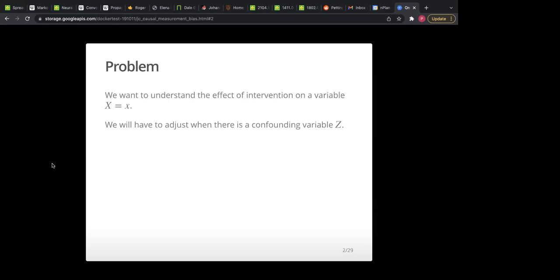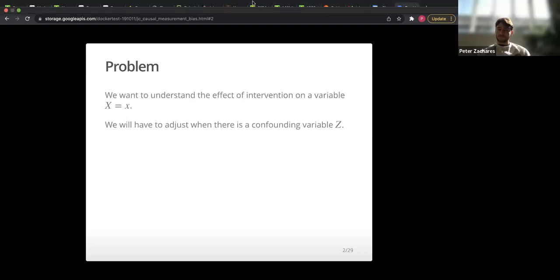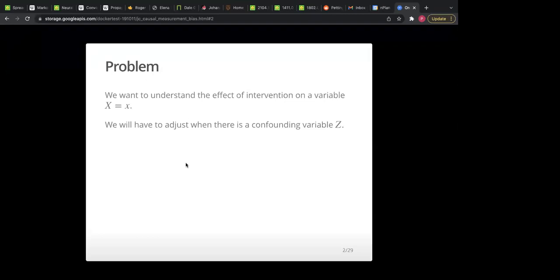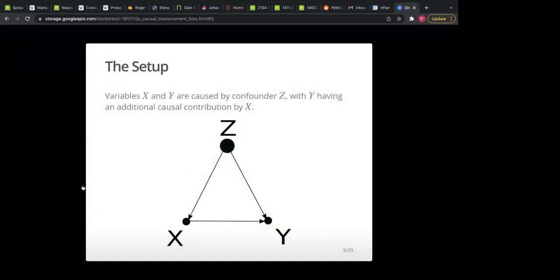Now causal analysis actually can handle this problem in general. So this is how the general setup is. We have x causing y in some way, and we want to find out whether it is and how much it is.